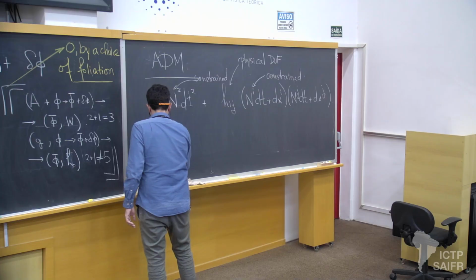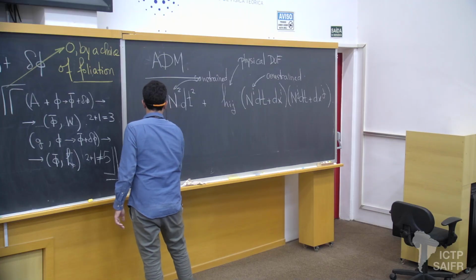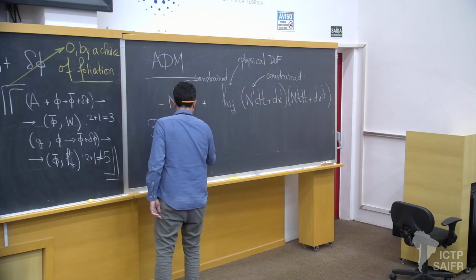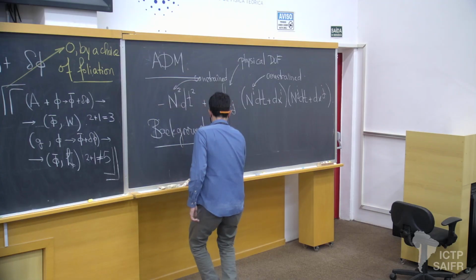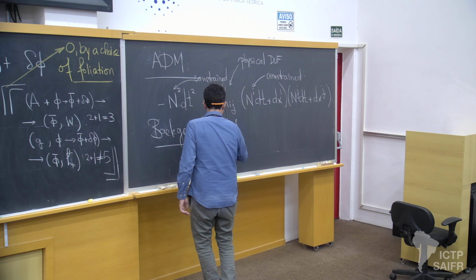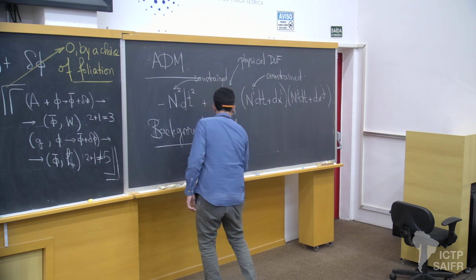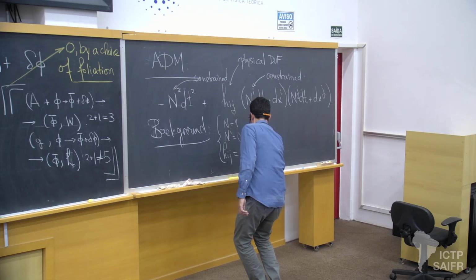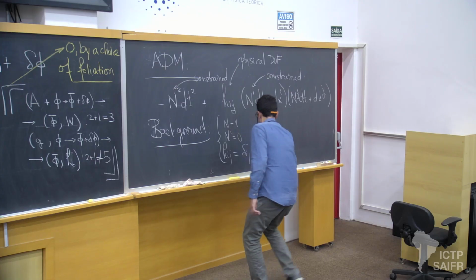So what you do is you write, in the background solution, N equals 1, Ni equals 0, and hij is delta ij a squared of t, okay?